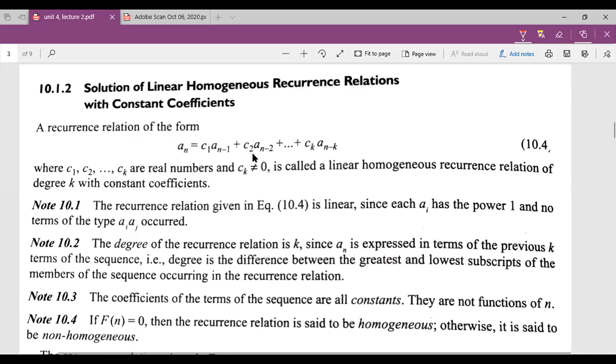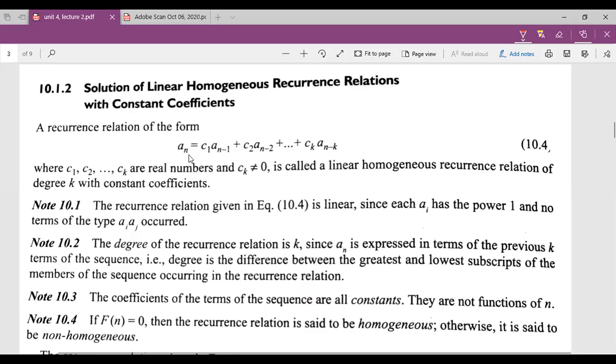Here C1, C2 and so on Ck are constant coefficient real numbers, and this equation is called a linear homogeneous recurrence relation of degree k. How to calculate the degree of the given equation: it is the difference between the greatest and lowest subscripts.